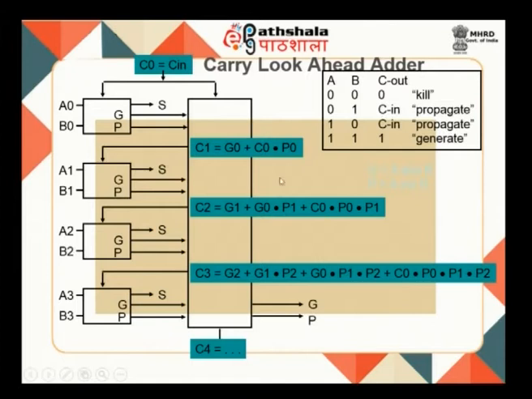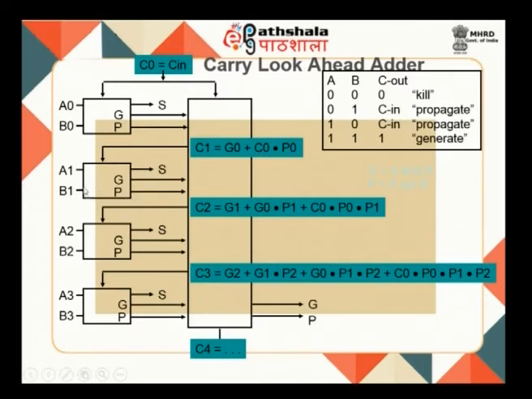So, if you look at this block here, your output carry can be written as a generate function plus the input carry into the propagate function. So, if you look at any of these blocks, when you have a carry generated out of this block, it is either that this block itself generated the carry bit independently, irrespective of the carry input that comes in, or it just propagates the carry input that is passed on to it to the next stage. So, at every stage you can look at it that way.